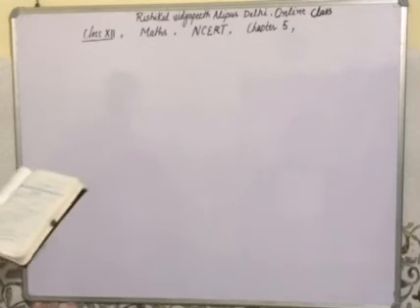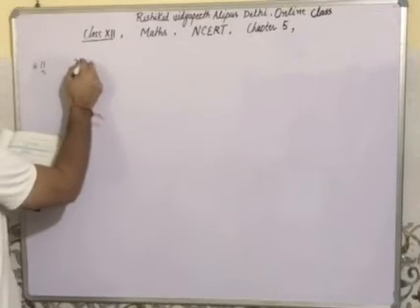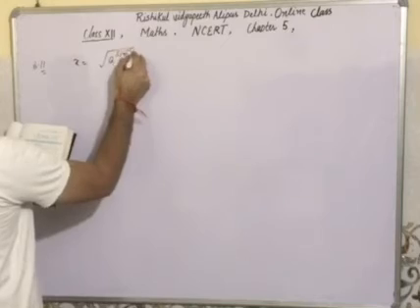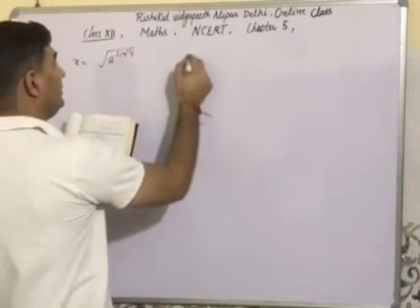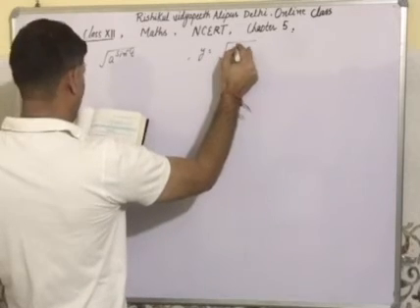Then, if x is equal to square root of a to the power sin inverse t, and y is equal to square root of a to the power cos inverse t.